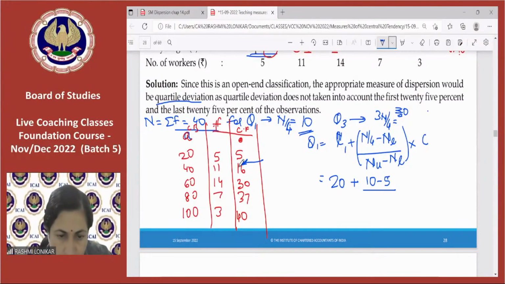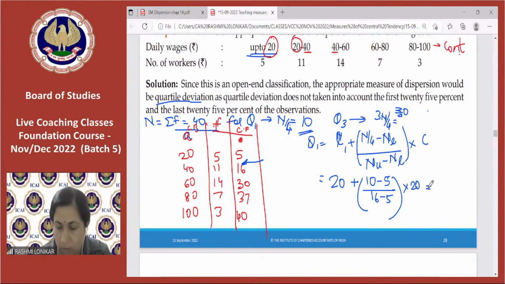NU is how much? The post quartile class, that is 16, minus 5, into 20. Okay, can you find this for me? So 5 divided by 9 into 20 plus 20, 31.11.